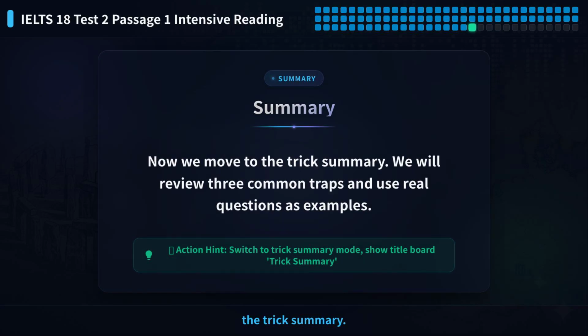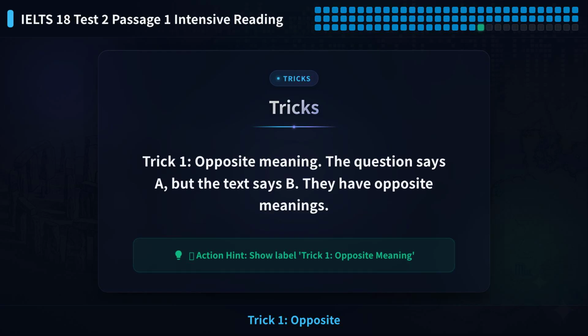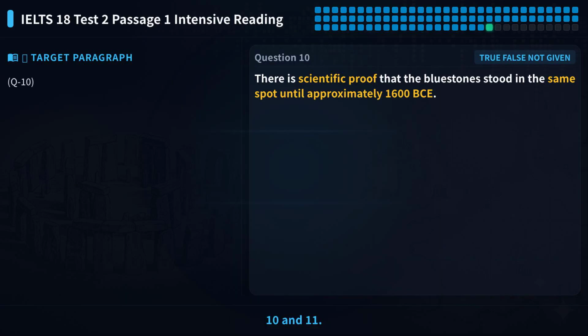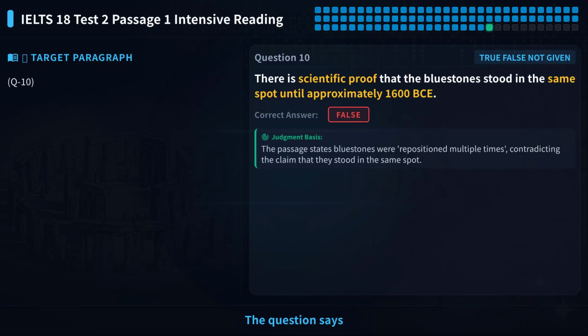Now we move to the trick summary. We will review 3 common traps and use real questions as examples. Trick 1, opposite meaning. The question says A, but the text says B. They have opposite meanings. For example, questions 10 and 11. They are directly opposite, so the answer is false.